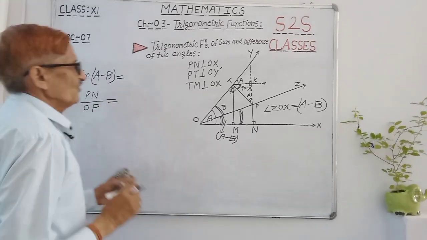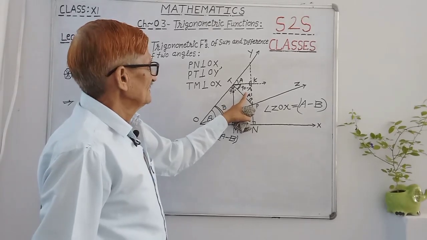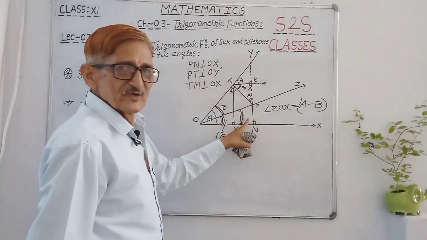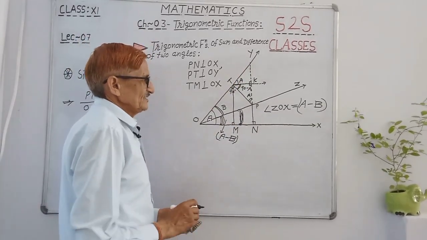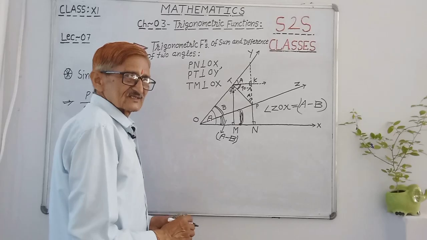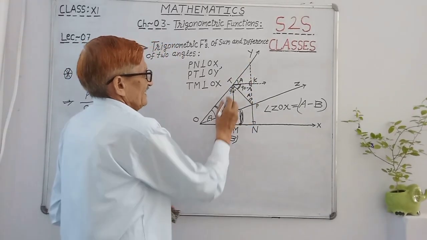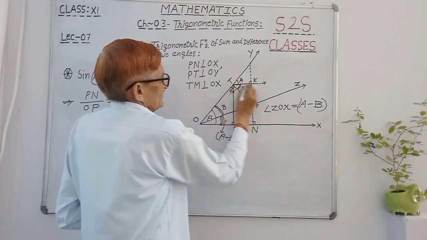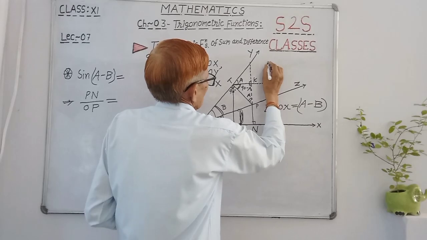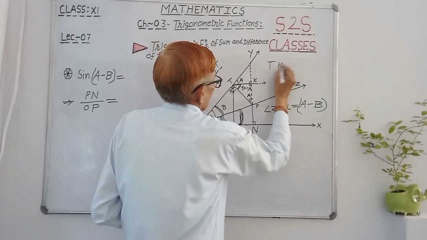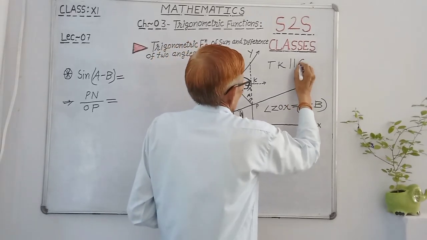Understand? Now one point I want to tell here before this: produce NP back. PN is perpendicular on OX, produce NP, and from the point T draw TK parallel to OX.